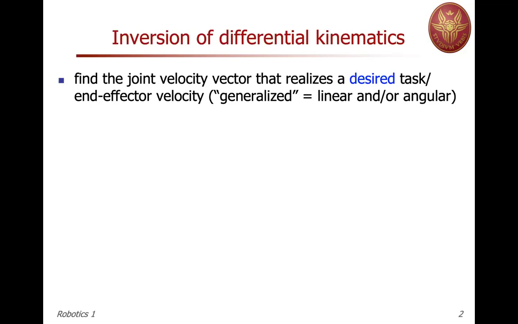So given a desired velocity, and this is an instantaneous problem, like we said, we've seen that the mapping of joint velocity to Cartesian or task velocity is also an instantaneous problem. Same in this case. We have to find one or more joint velocity vectors that realize the task.